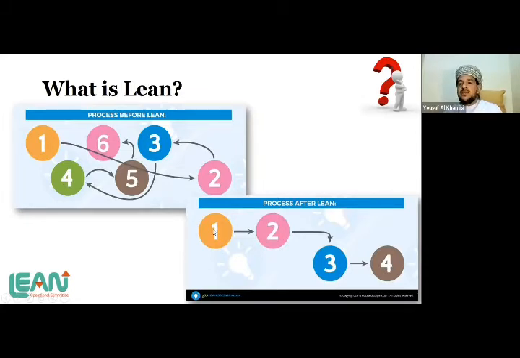This is applicable, of course, for medical processes, nursing procedures, labs, pharmacy, technical affairs, medical supply, wherever your processes should be reprocessed again and redrawn to be in a very clear sequence.